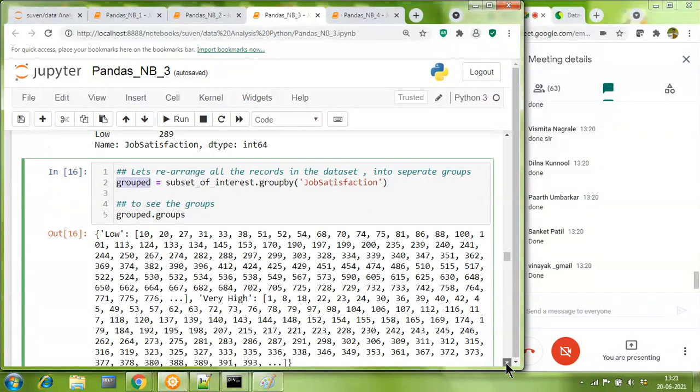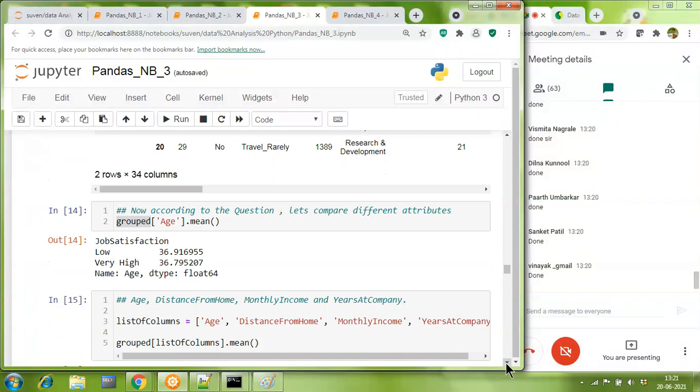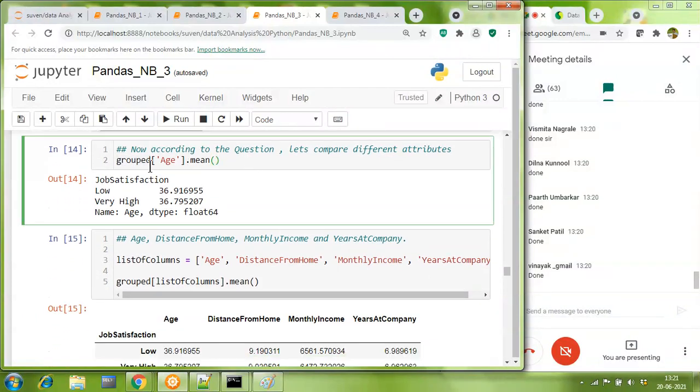So this grouped object has been taken, and I am writing grouped by age dot mean. Like both of us know very well, under the grouped data we have two groups, low and high.